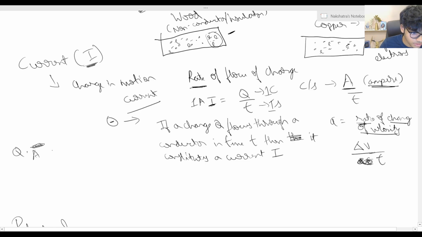So now similarly, let me ask a question. A current of 5 ampere flows through a conductor in time of 10 seconds.